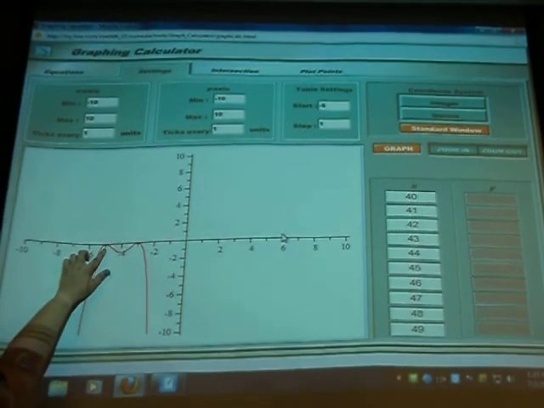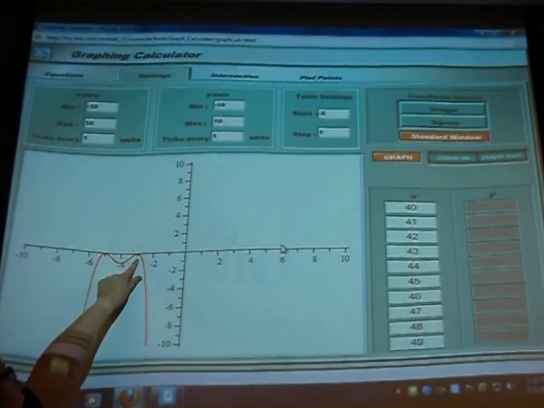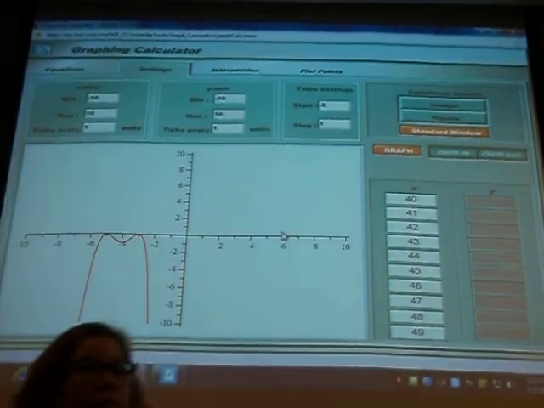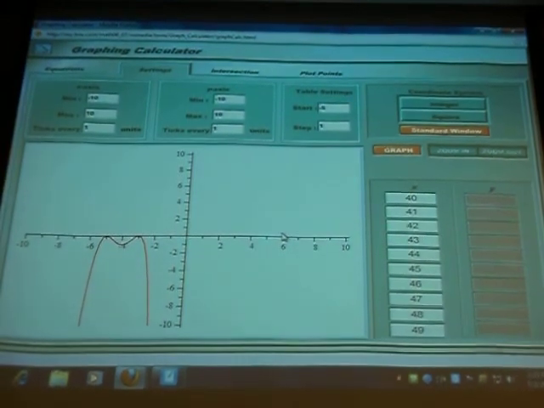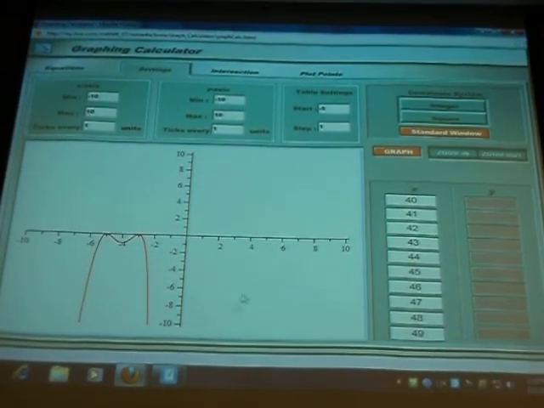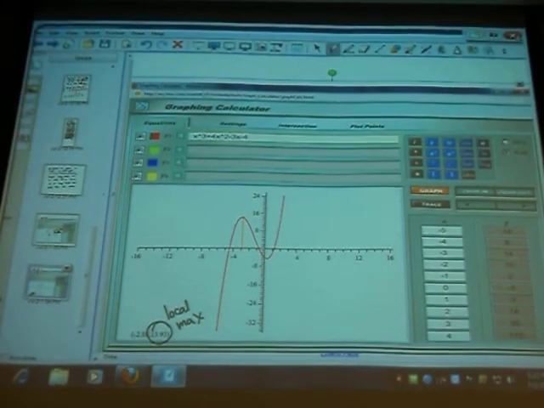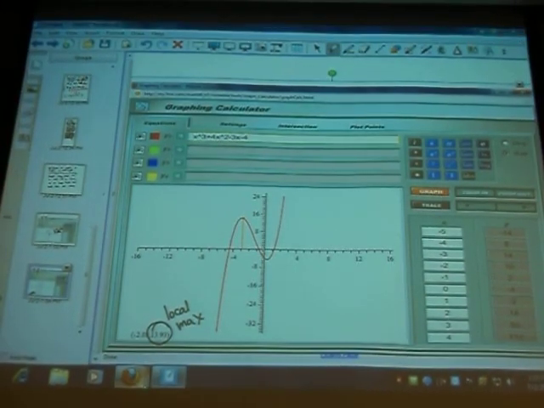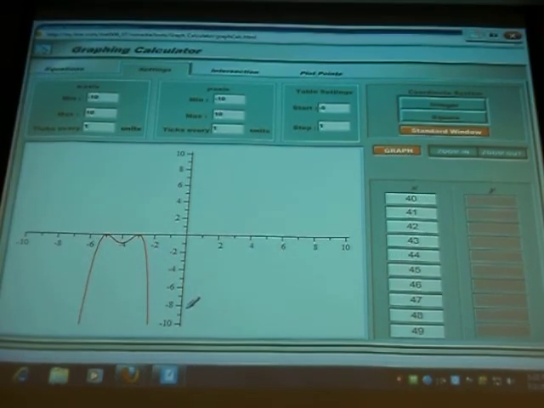The 2 local maximum, I've got negative 5, 0, and then negative 3, 0 right here. Local minimum is negative 4, negative 1. Okay, hold on, let me get my pen working here. So these are local max.